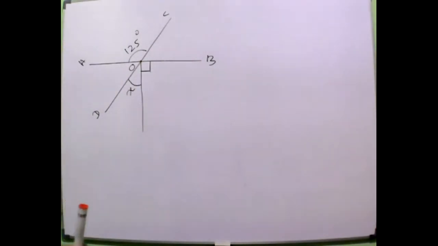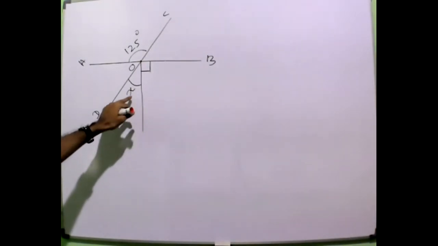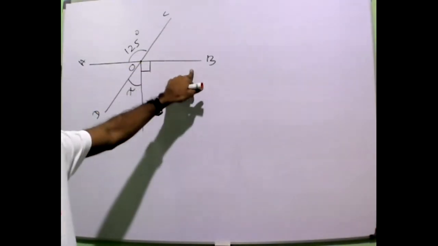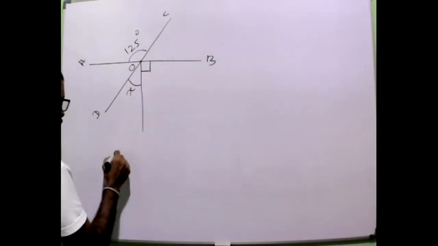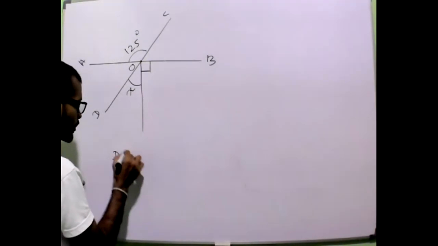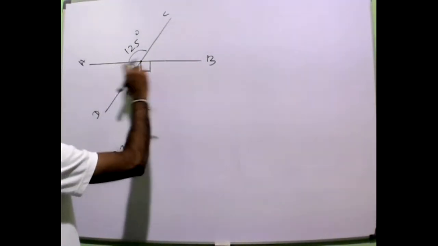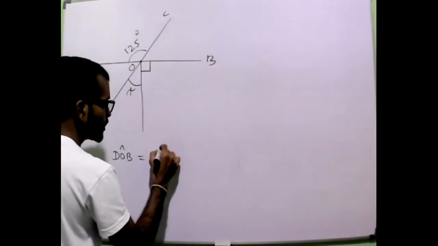So as I explained you earlier in the previous week, what you have to find is X. So this X is included in DOB angle. So I will write DOB angle first. So what is the vertically opposite angle for DOB? AOC angle is the vertically opposite angle.